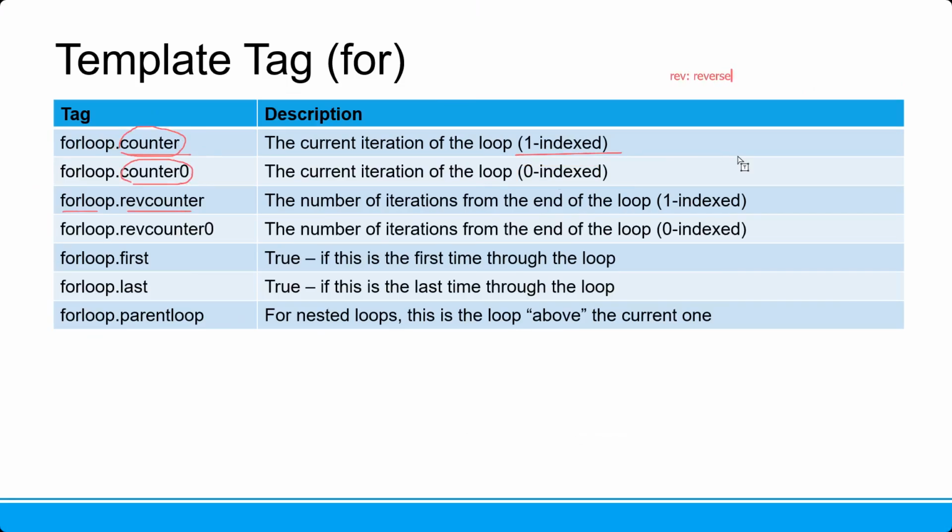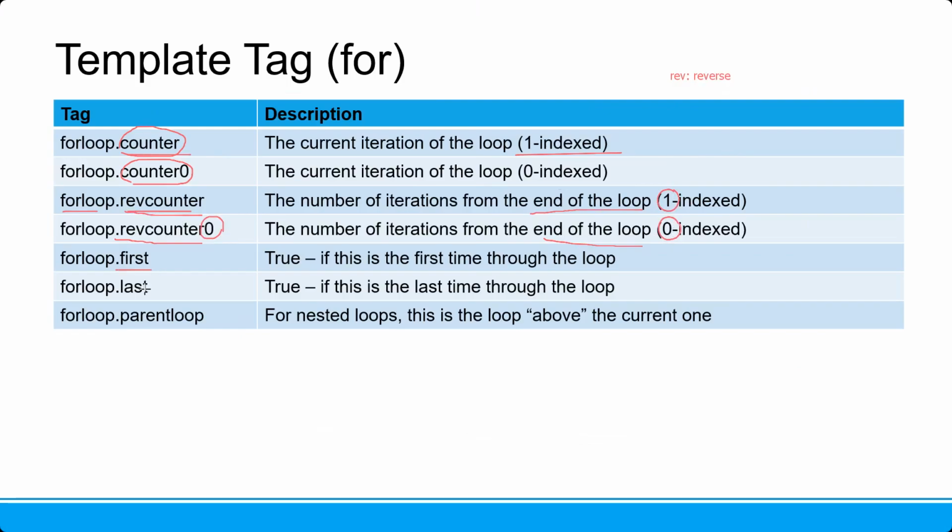So we start the iteration from the last number. Because we are using revcounter, the end of the loop will be until 1. If we use revcounter0, then the end of the loop will be until index 0.